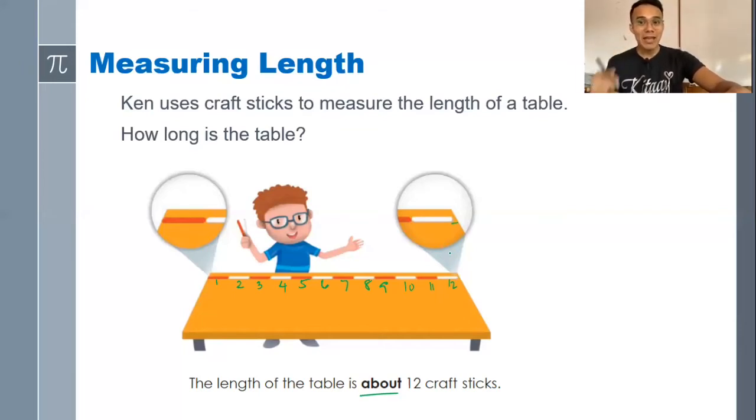Meaning to say, the table is a little bit longer than 12 craft sticks. Meaning to say that the table is not exactly 12 craft sticks long. That's why we just say the length of the table is about 12 craft sticks.